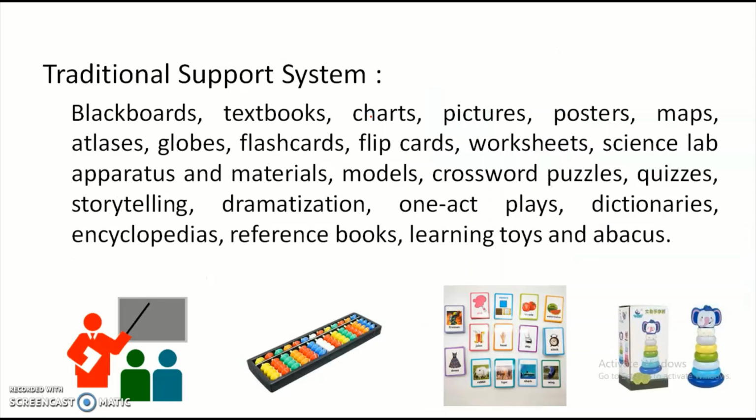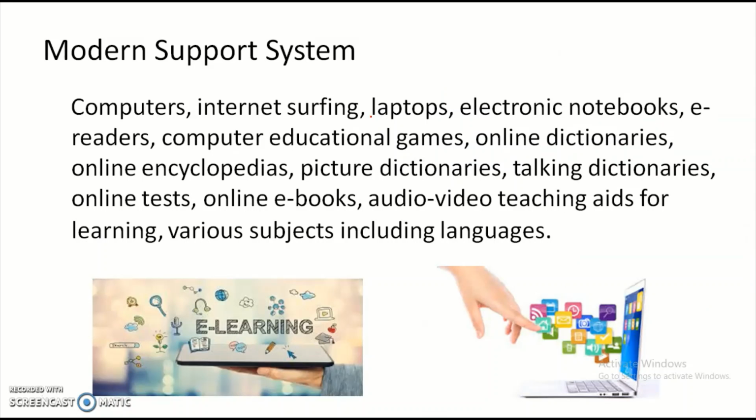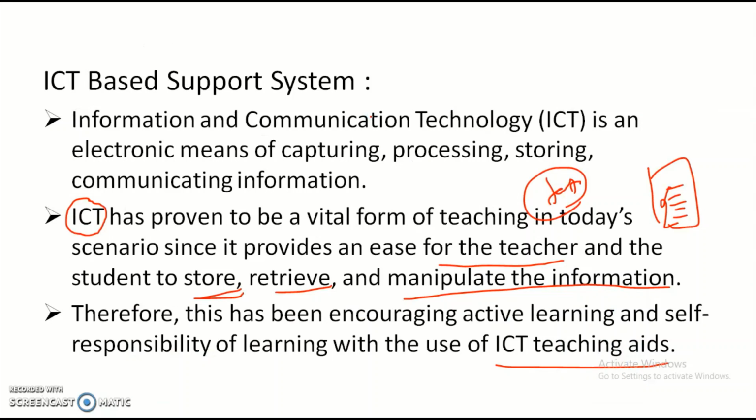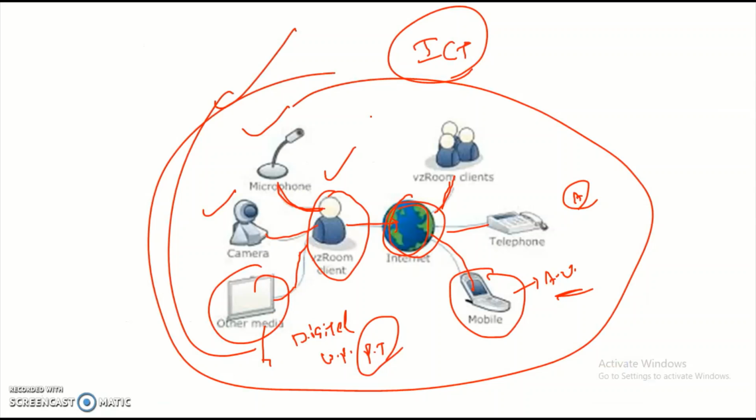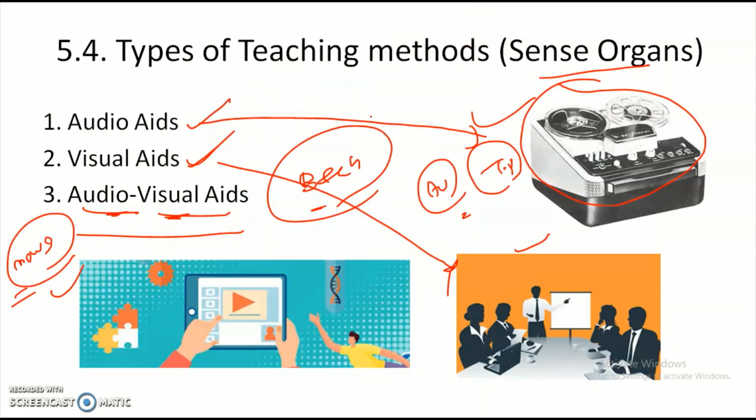If all these four processes are done, then it is ICT. Then the examples for the traditional and modern support systems, what exactly ICT is, and the picture to understand ICT, and the types of teaching methods based upon the sense organs: audio, visual, and audio visual. So audio means tape recorders, gramophones, like that.